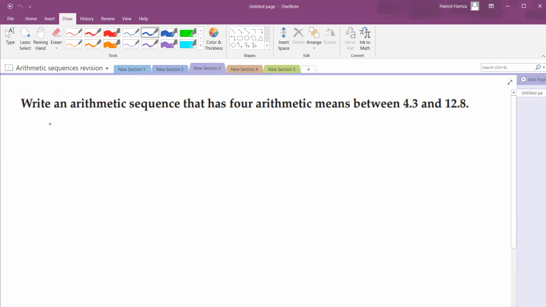No. Okay. We studied how to insert arithmetic means between two terms.